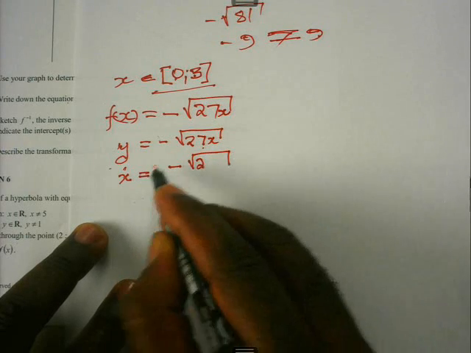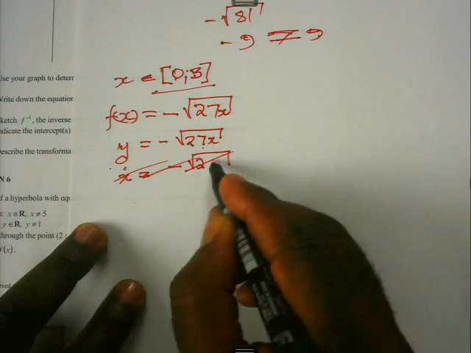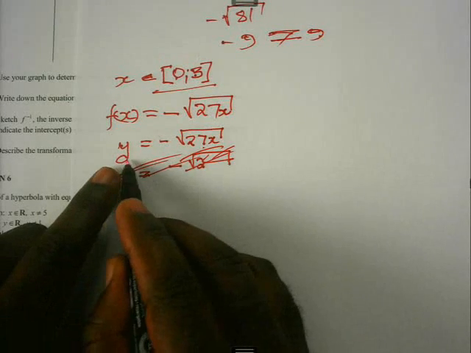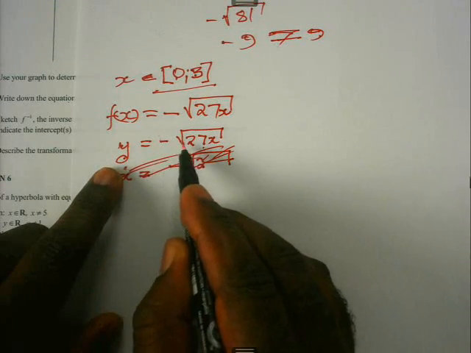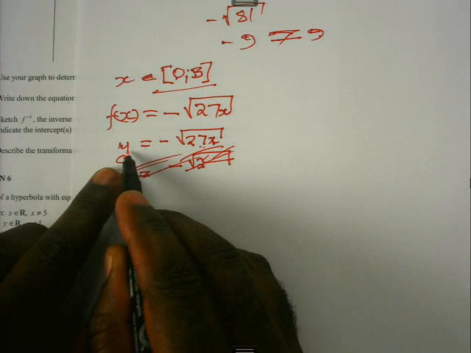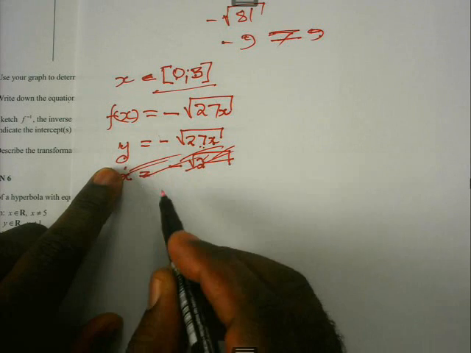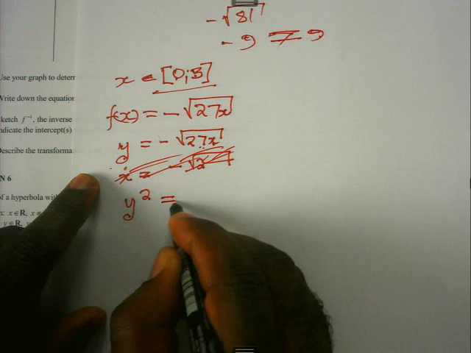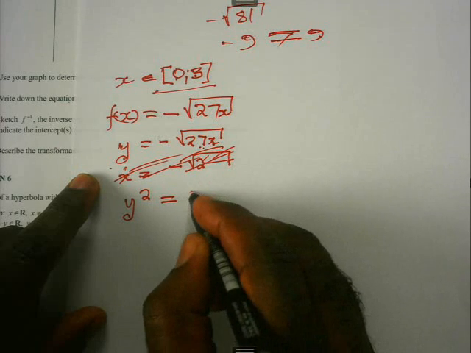Or maybe, let me not rush to this step. Let me first do this: since y is equal to negative the square root of 27x, what happens if I look for y squared? My y squared will be equal to 27x.